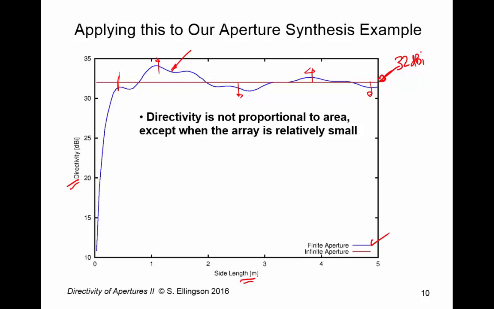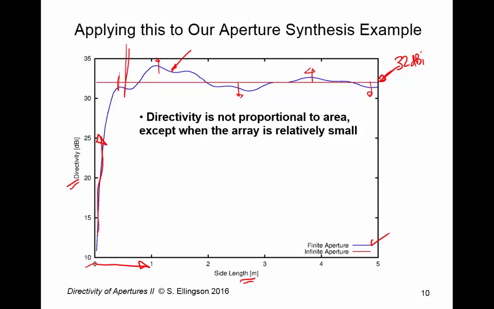Okay, so there's some relatively profound things that emerge from this result. First, directivity is not proportional to area, except when the array is relatively small. In other words, here's the array size increasing, and we see that the directivity is increasing. That is as expected.